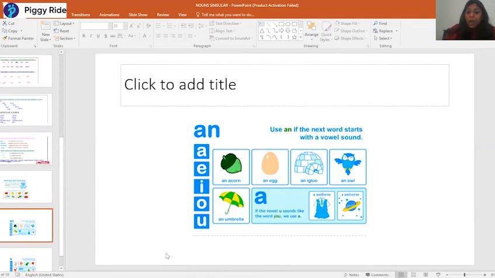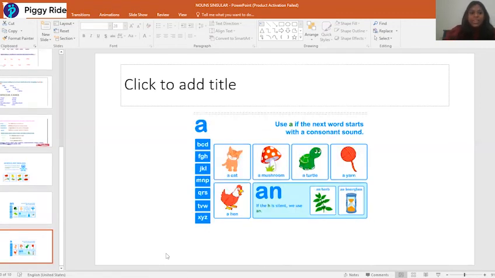Now, again, I said English has got some exceptions. If you see that the vowel U sounds like the word you, we use a, not an, right? A uniform, a universe, okay?